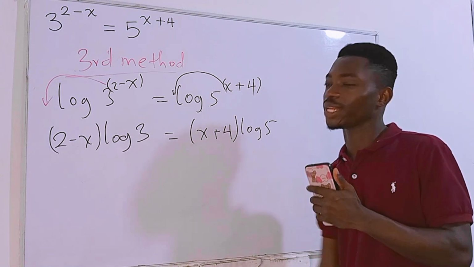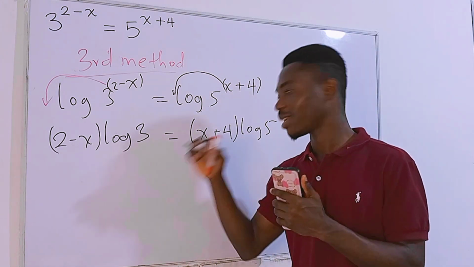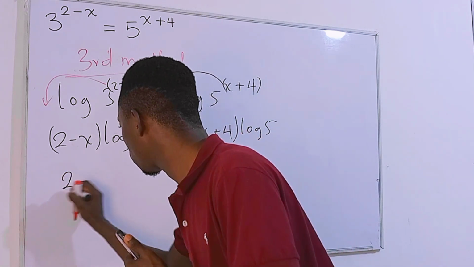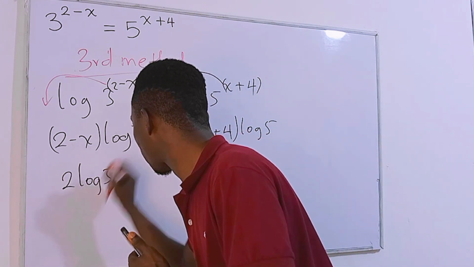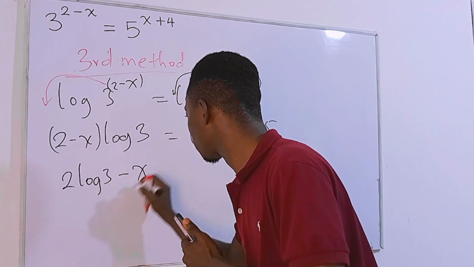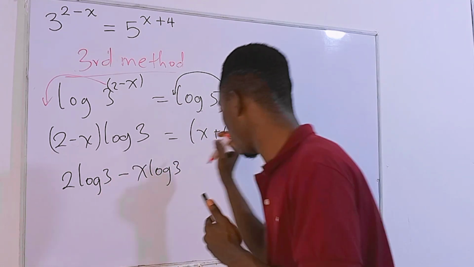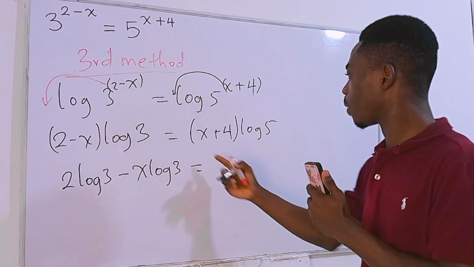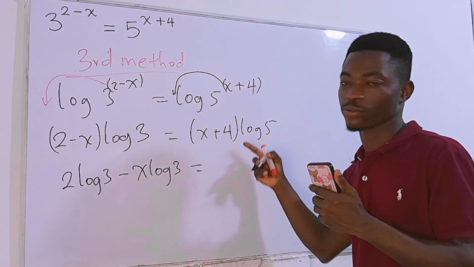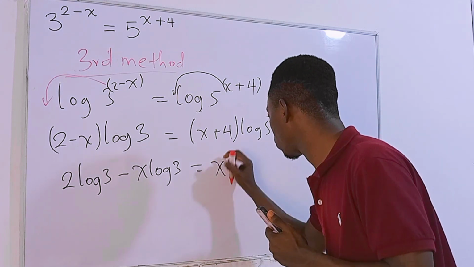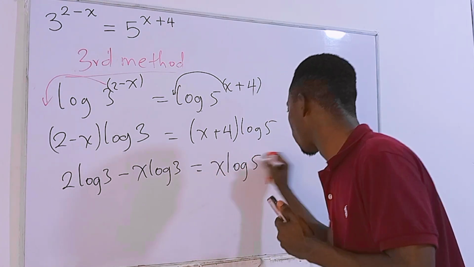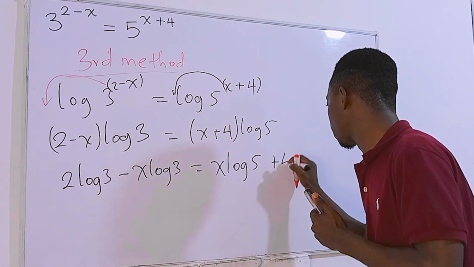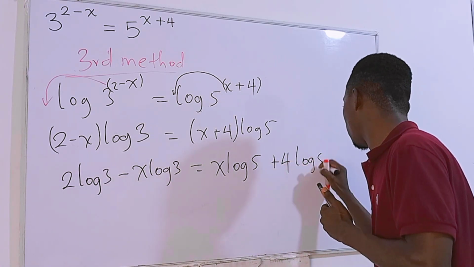Now let's go ahead and distribute this log 3 so that we are going to have 2 log 3, then minus x log 3. And this is equal to, we have to also distribute this log 5, so that the first term is going to be x log base 10 of 5, then plus 4 log 5.